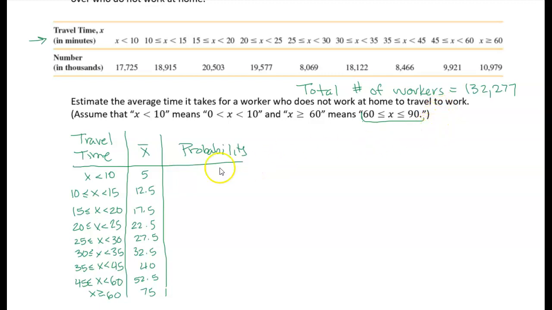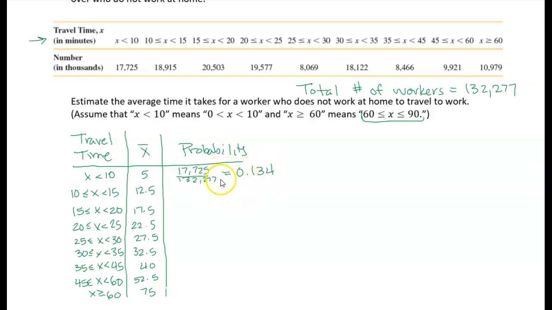To get the probability of each one, I'm going to take the frequency of occurrence and divide it by the total number of workers. The first probability will be 17,725 over 132,277, and when I did that, I got 0.134.